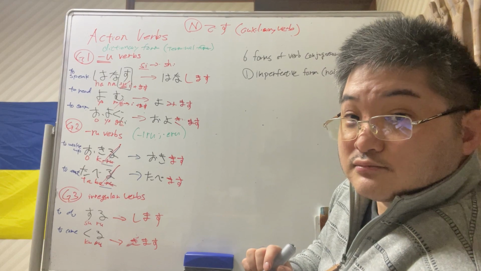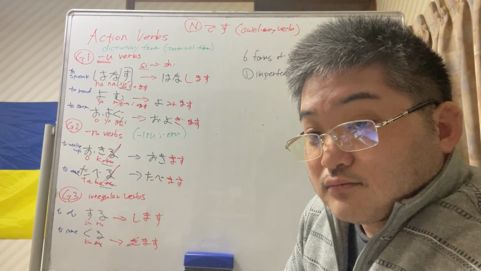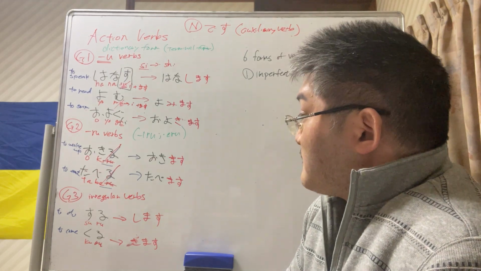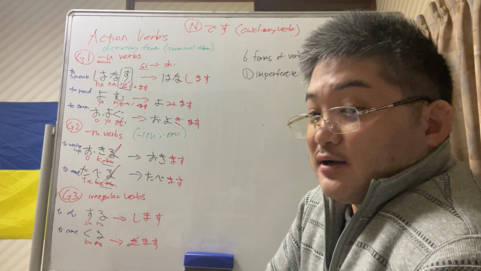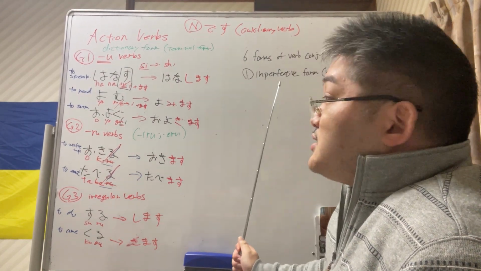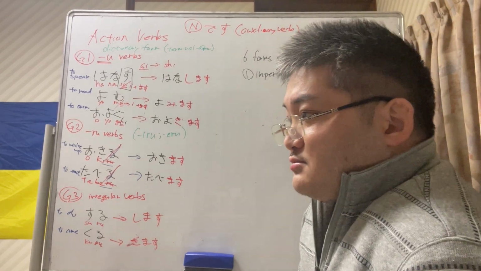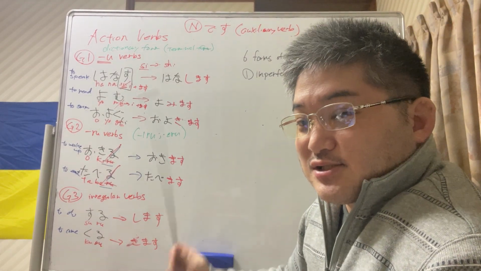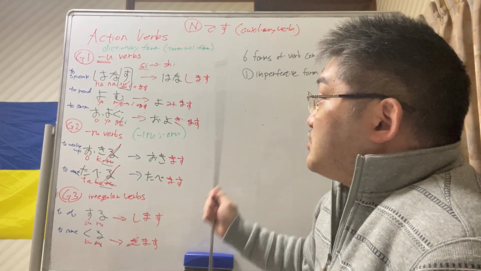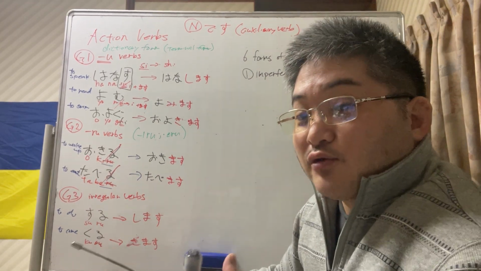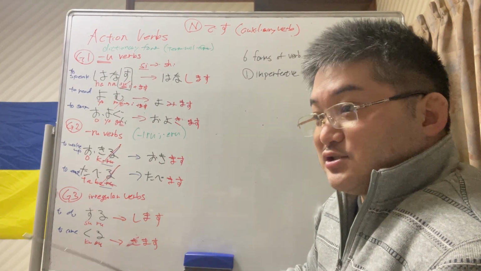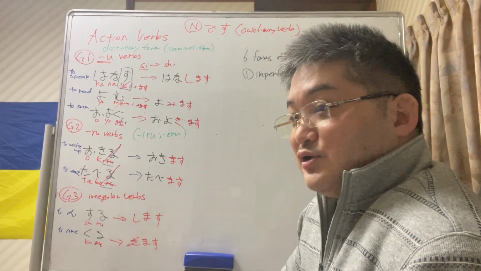Sorry, don't mean to interrupt, but just to be clear, the nai form is like the negative? Exactly. I translated this as imperfective, but apparently French textbooks also translate it as imperfect. It's called imperfective because the activity has not been completed, so you don't do something or you haven't done anything.